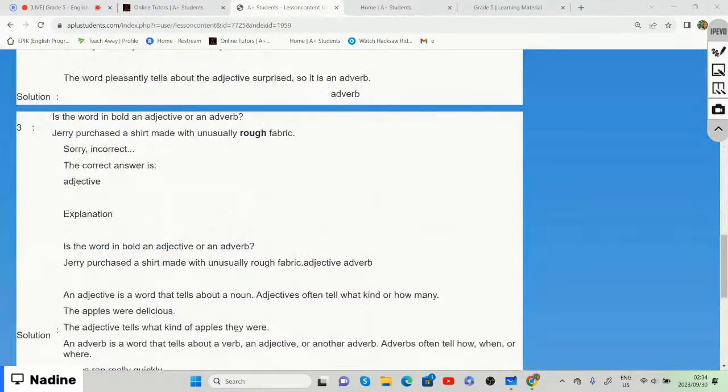Jerry purchased a shirt made with unusual rough fabric. Rough fabric. We are describing or telling more about the fabric. So what kind of fabric is it? Rough fabric.